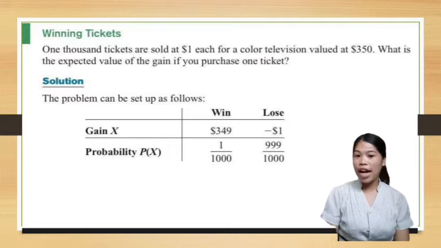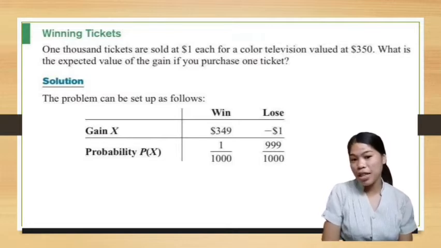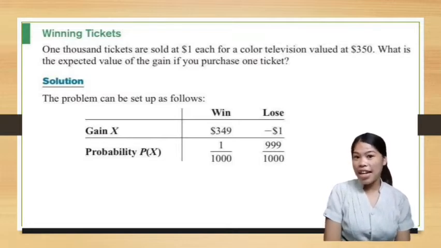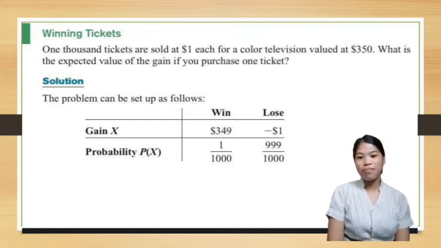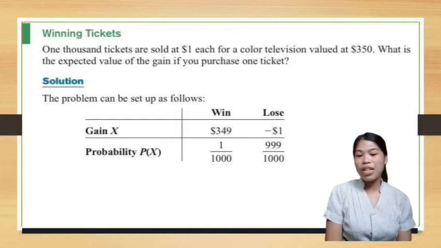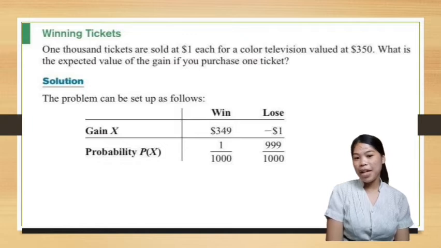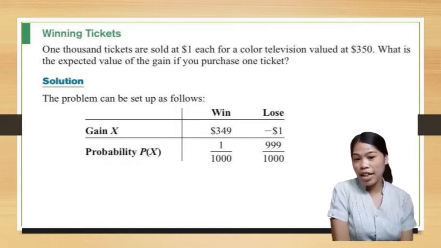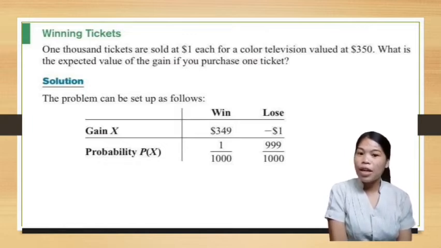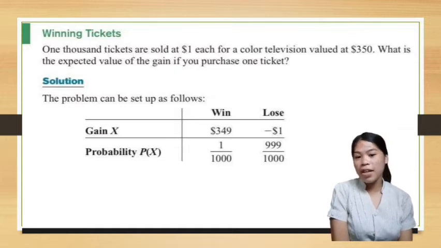So kung mudaog ka, equivalent na og $349 kay dili naman mabalik ang imong gipalit sa ticket. So sa lose, negative $1. So nganong negative $1 man? Kay syempre mawad-an jud ka og $1 kay nipalit man ka og ticket that worth $1.